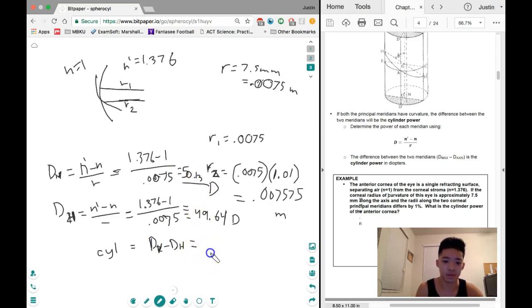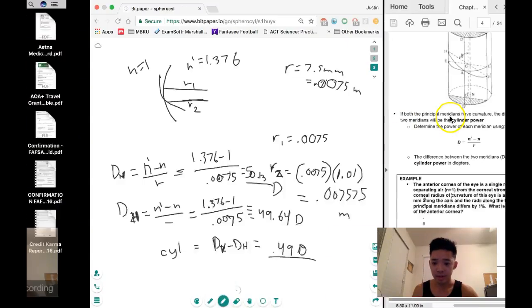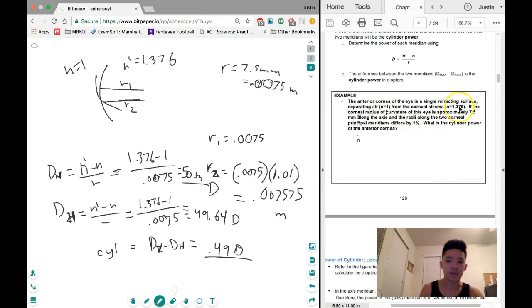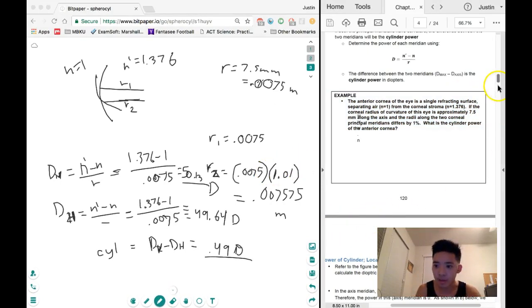So that's going to be 0.49 diopters. Cool. There you go. That was the first problem. If there are any questions, just let me know.